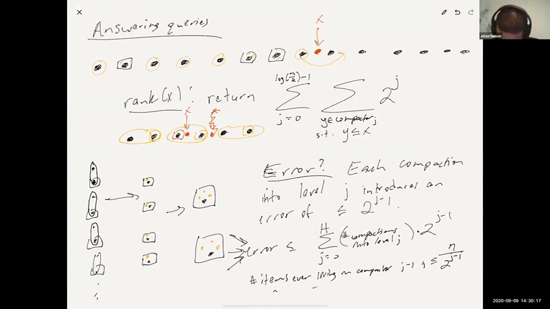So this implies that the number of compactions from level J minus 1 into level J is at most N over 2 to the J minus 1, over K. So there's a K in the denominator.